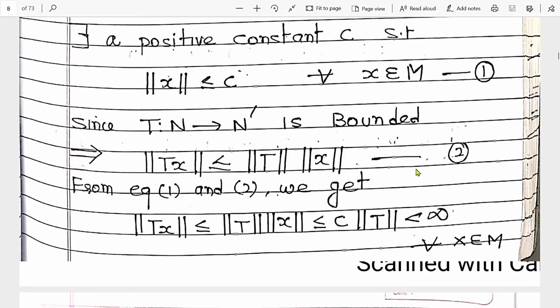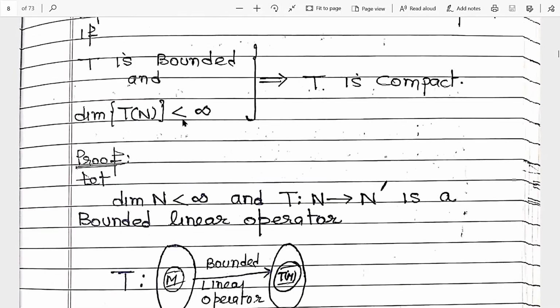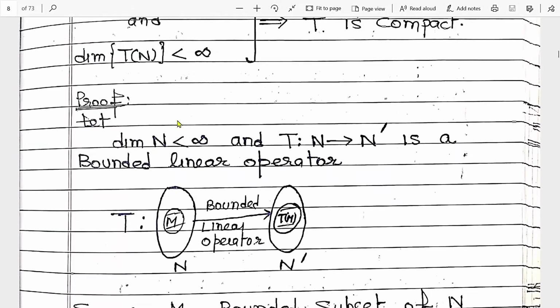Here, by the given part, the dimension of N', not N, is less than infinity.